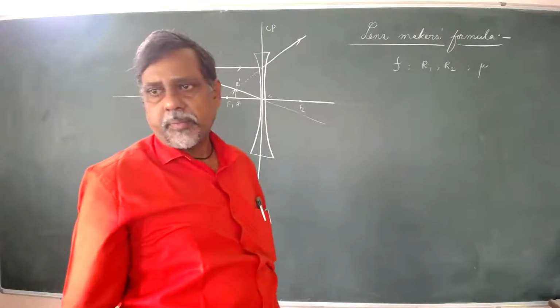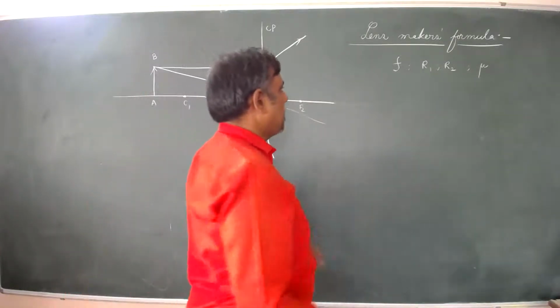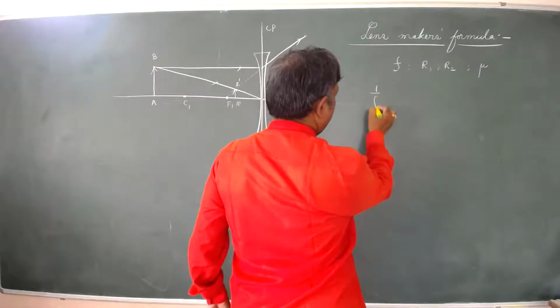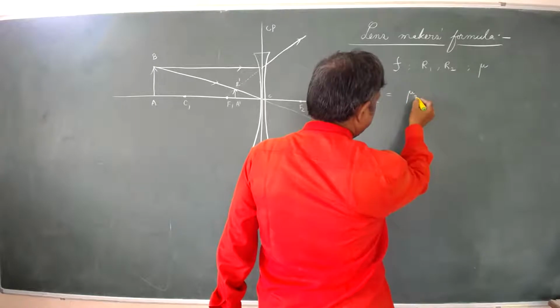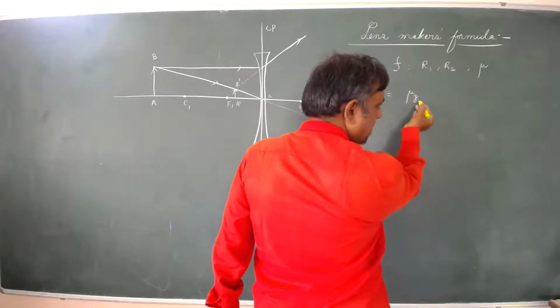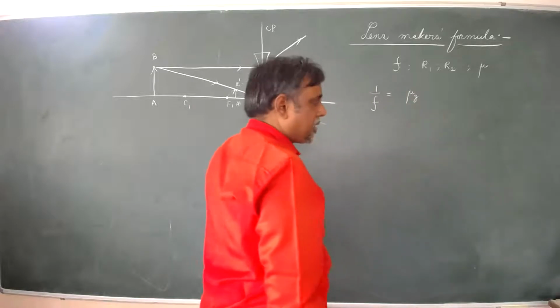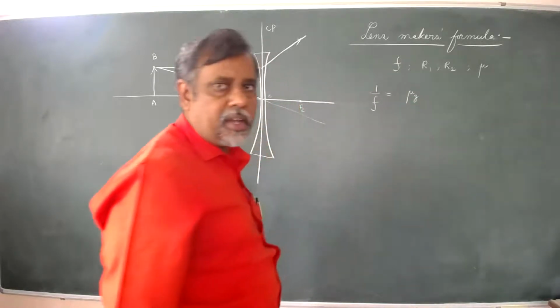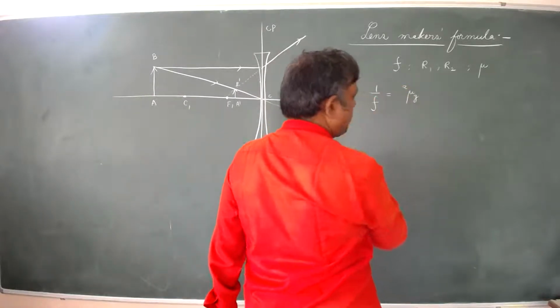For this, there is a big derivation, which we need not read now. Lens maker's formula is 1 by f is equal to the refractive index of the material of the lens with respect to the medium in which the lens is placed.